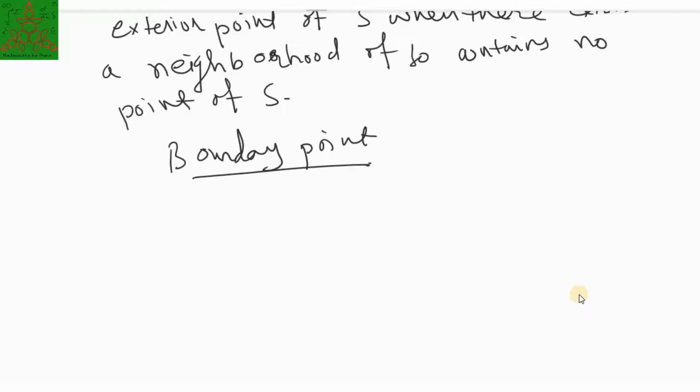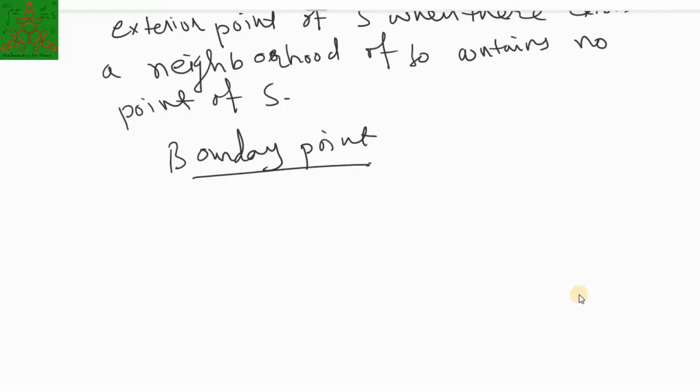The points on the wall are called the boundary points. How can we define boundary points? The basic idea is, if you draw a neighborhood of that point, and there is an intersection with the set itself, that is, with the room and also with the outside of the room, then that point is called a boundary point of the given set.